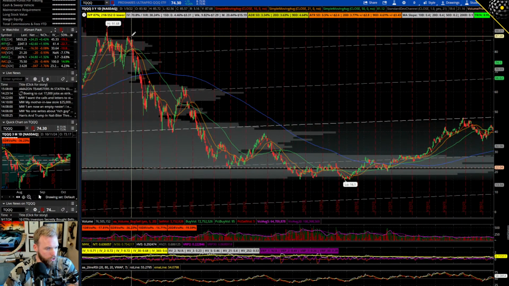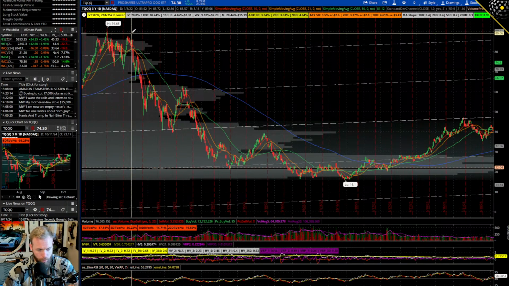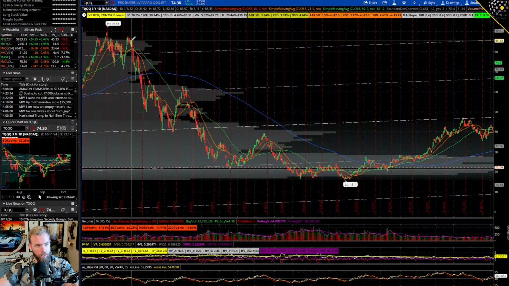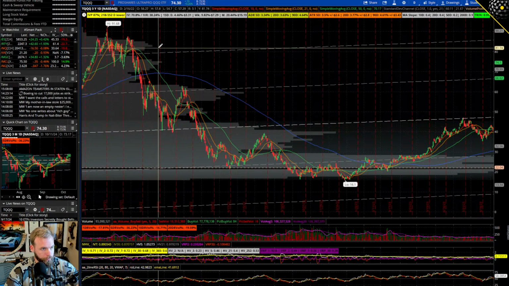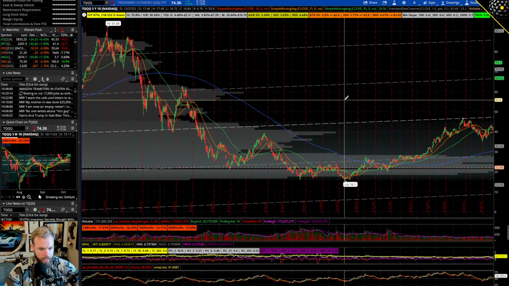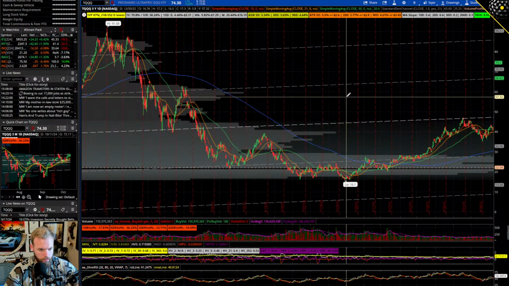right? If I look at the start of '22, Portfolio Visualizer is 100% correct. I can see the 1st of January of '22, it's coming in at like 85. And then it essentially just bled down the whole year. And then it hit its low for the year on the 30th, which is literally down here.